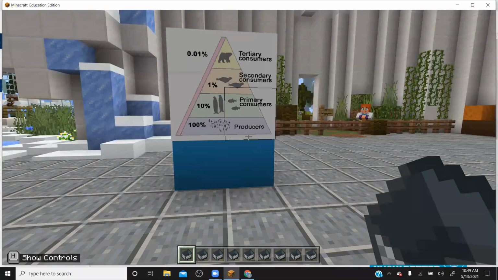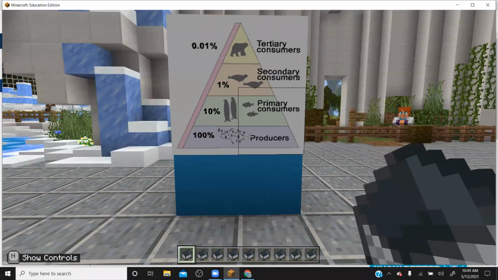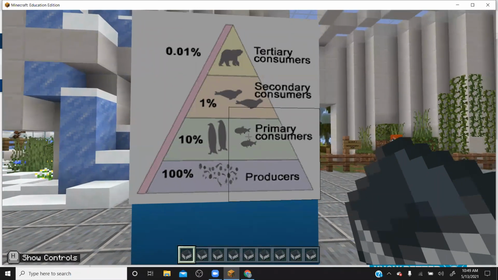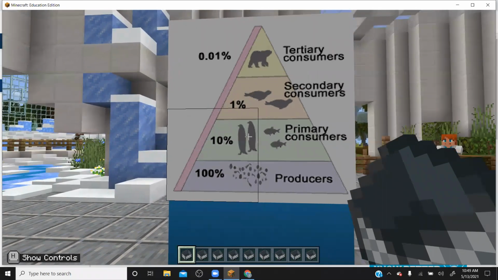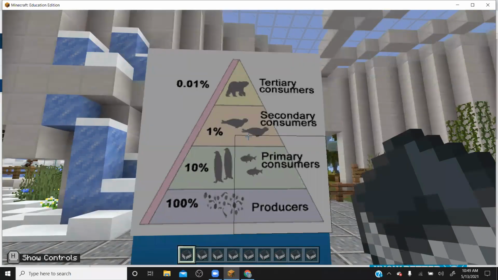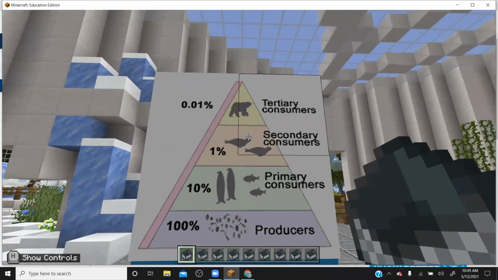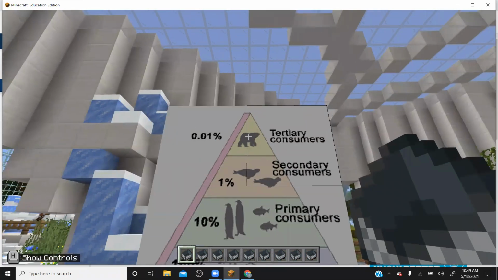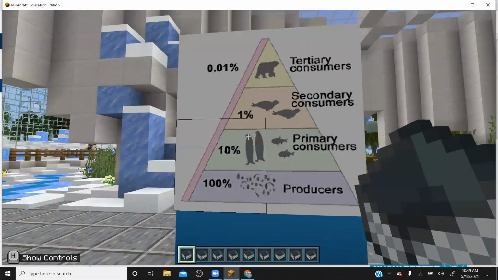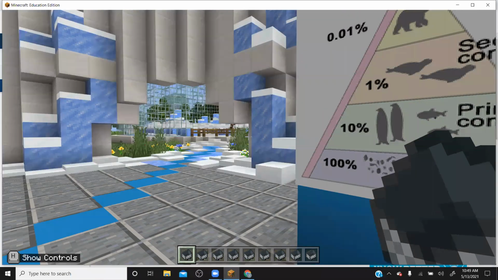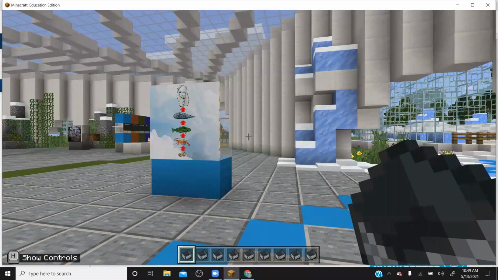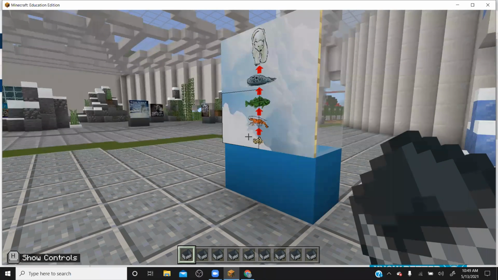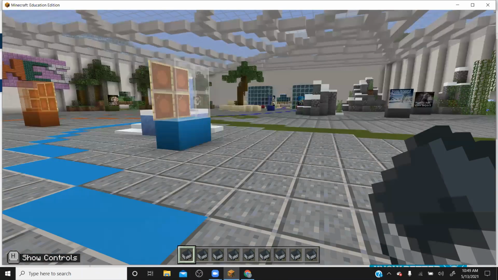Those producers, those algae and so forth, are eaten by the fish, which are eaten by those penguins, which get eaten by those seals or sea lions, which get eaten by the polar bear. And so we see that food chain, how those go up. And they've got another graphic to help make that a little more obvious too, how we see those different elements of the food chain interacting.